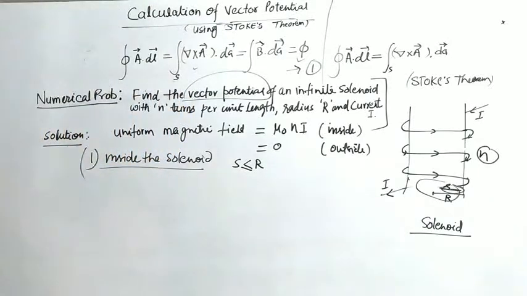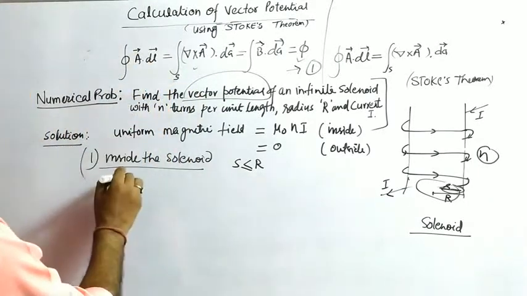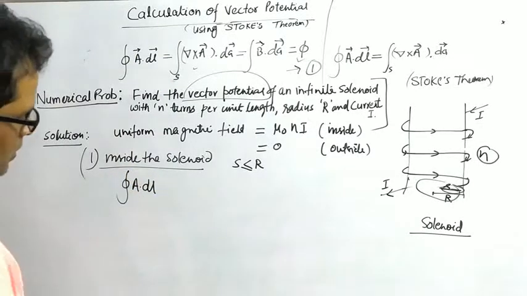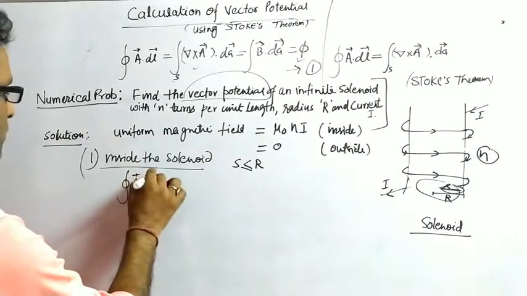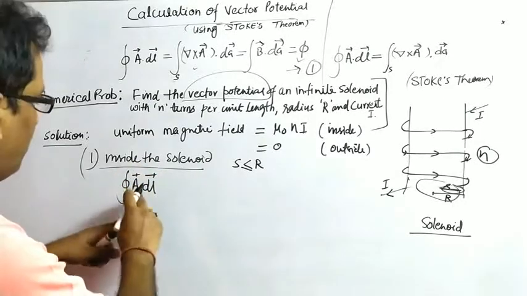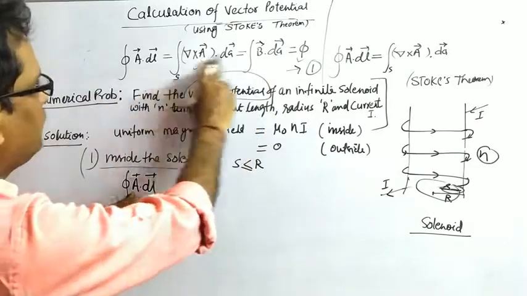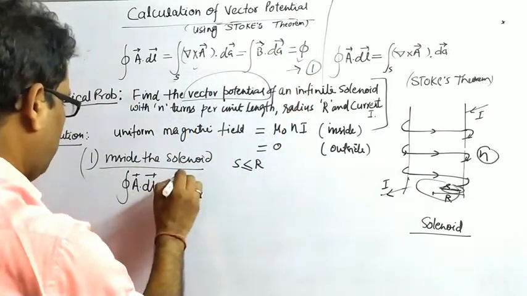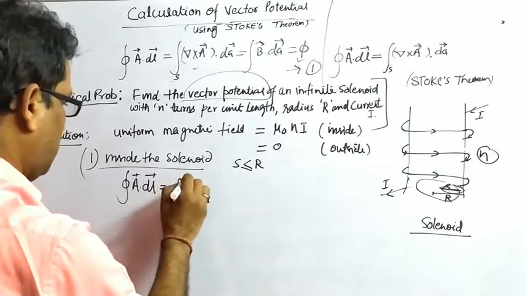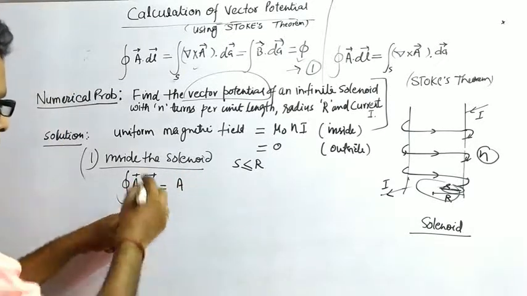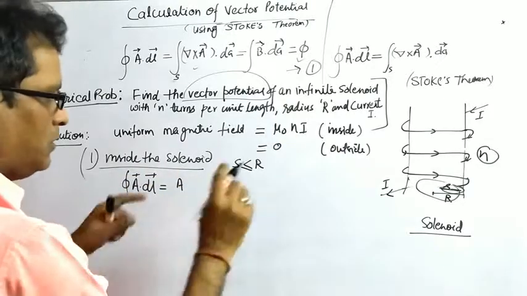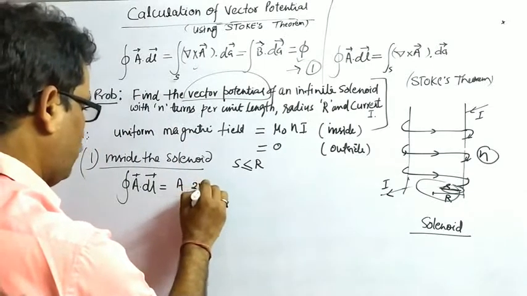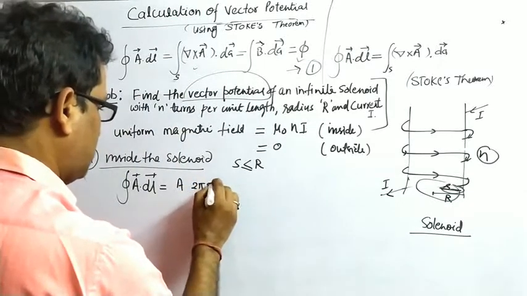So in that case, if I use this equation, the line integral of A will be, why I am using this, because I want to find the vector potential A using this equation, because I know the flux. So it will be A, what is dl, integration dl for the loop will be the circumference of the inner loop, that will be 2πs.